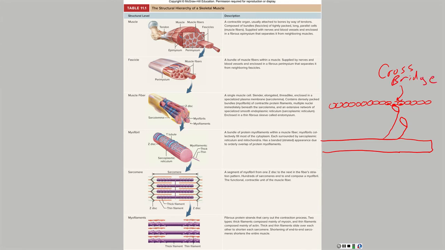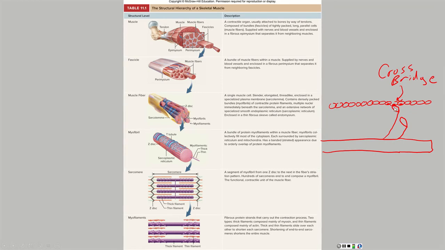I may have mentioned this in the previous lecture, but I don't believe I went into a lot of detail. It's going to be very important today, which is why I wanted to talk about it in this lecture. A cross bridge is what happens when a myosin head attaches to the active site on actin.